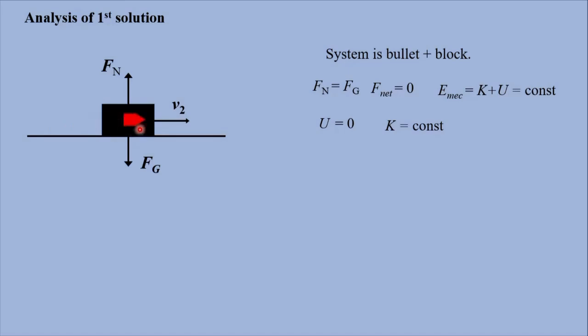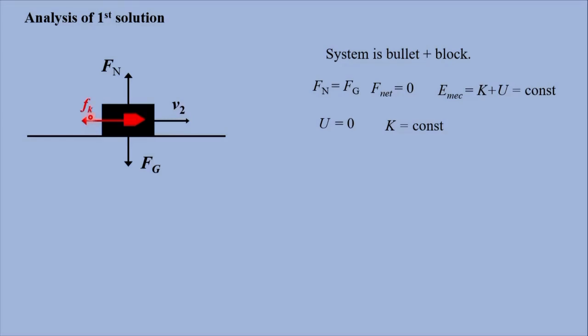Why did it happen? It happened because during this motion inside the block appears a force which points in the opposite direction to the velocity of the bullet, and this force actually is a force of kinetic friction.